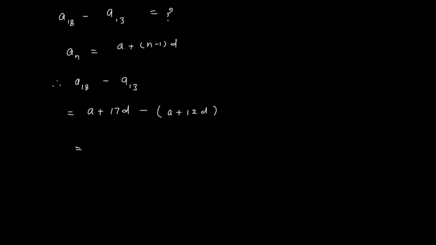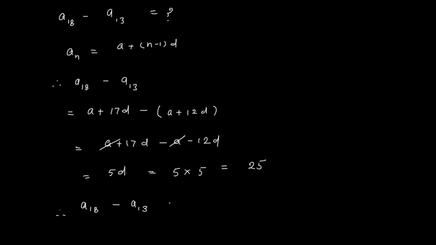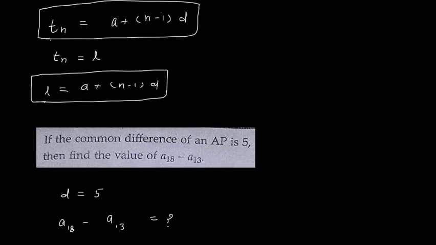So if I open the bracket, I have A plus 17D minus A minus 12D. So this A and A cancel and 17D minus 12D becomes 5D. Now the value of D we have is 5, so 5 fives are 25. So finally you can say that A18 minus A13 is equal to 25. Isn't it a simple topic? Yes, right?